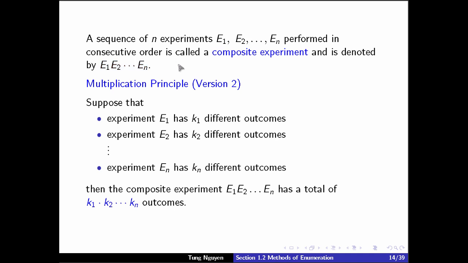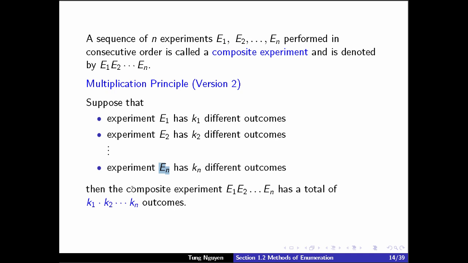So in the case we have a composite experiment, and for each experiment we have certain different outcomes. For example, we have K sub 1 different outcomes for the first experiment, K sub 2 different outcomes for the second experiment, and so on, and K sub n different outcomes for the last experiment, the nth experiment.